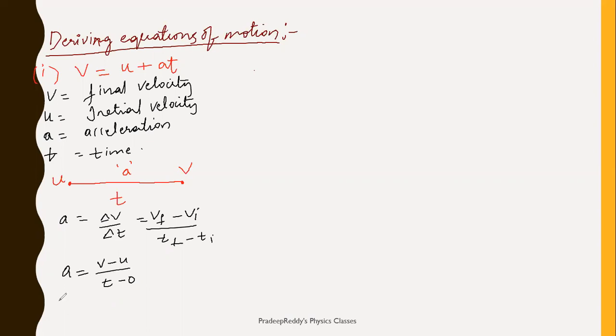This gives you at = v minus u, and from this you can simply write v = u + at, and this is the equation of motion which gives you the relation between initial velocity, final velocity, acceleration, and time taken.